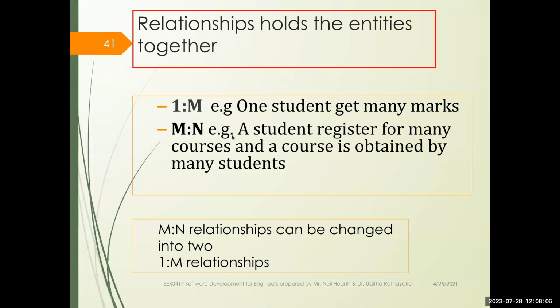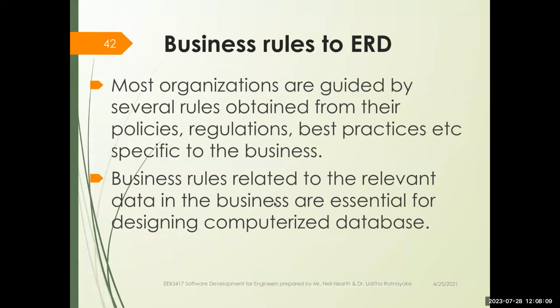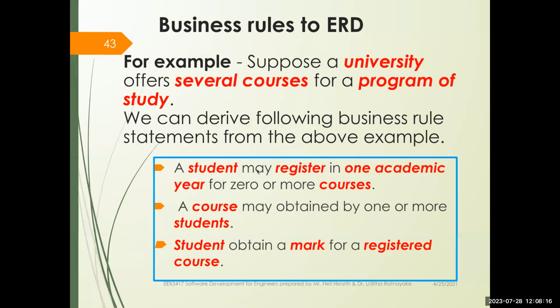Relationships: one to many, many to many, like those things. Business rules through the ERD, I explained earlier. A student may register in one academic year for 0 or more courses. A student need not get any courses.